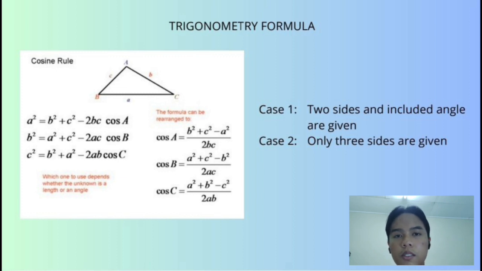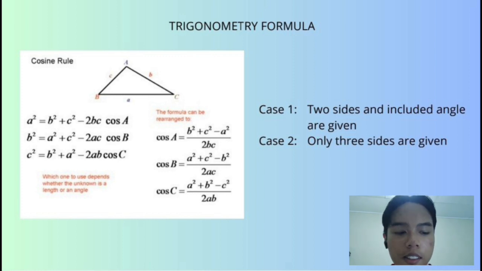If we want to find the length of a, we can use the formula a squared equals b squared plus c squared minus 2bc cos A. The same goes for b and c. Just modify the formula to find the other length.